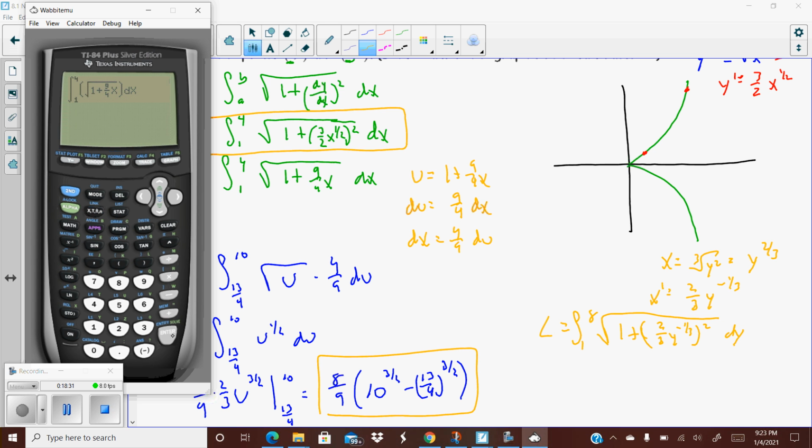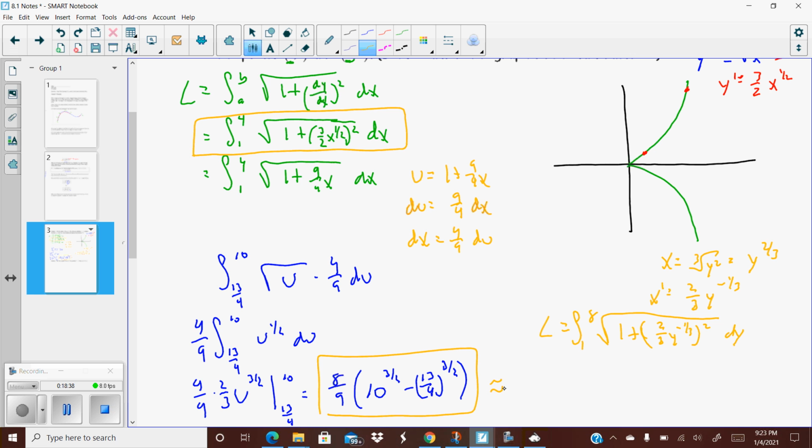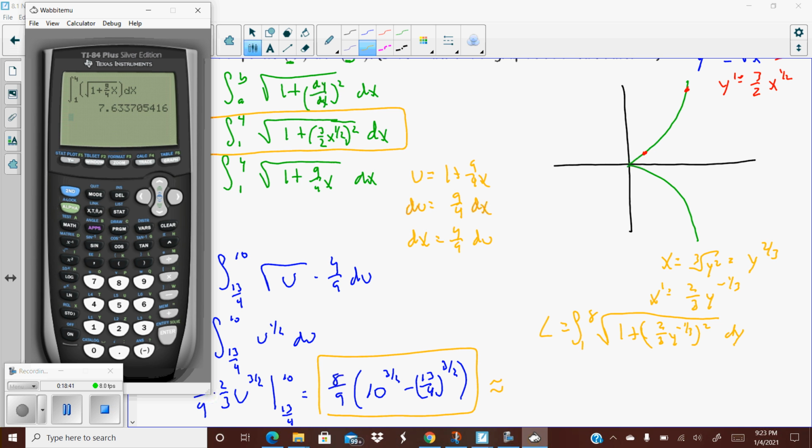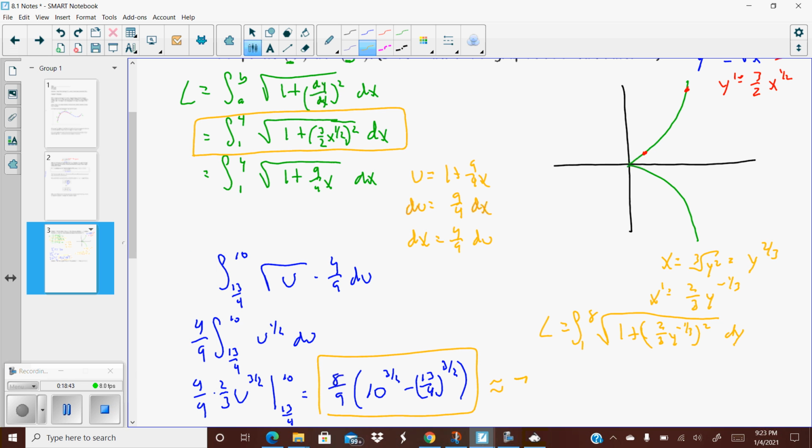Okay, that should give us what our answer is here. So it says that the answer is supposed to be 7.6337.